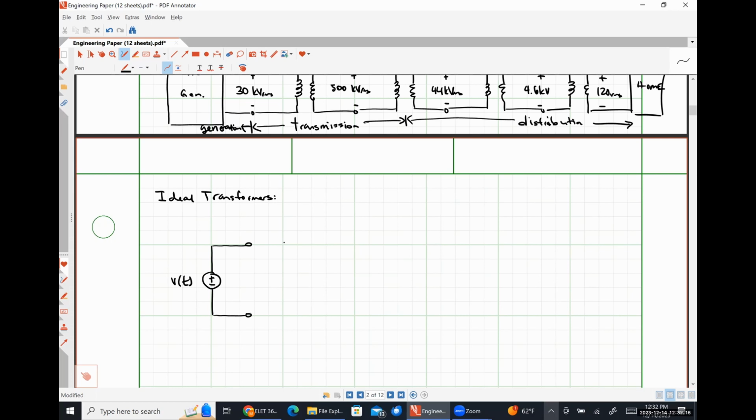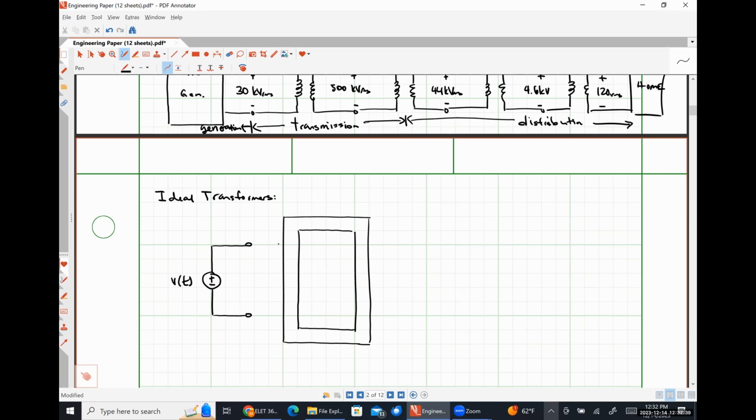And then over here, I'm going to draw a simple magnetic circuit, like so.